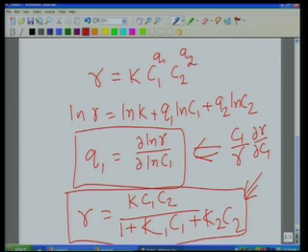So, I can take the derivative of this particular rate function with respect to C1, and normalize it by C1/r, and I will get the apparent order with respect to species C1. I will get the apparent order with respect to C2 if I do the same exercise with respect to C2, that is C2/r ∂r/∂C2. So, these are all what are called apparent orders of reactions.